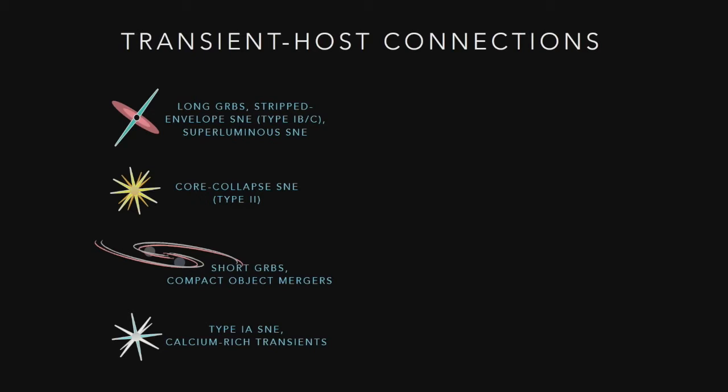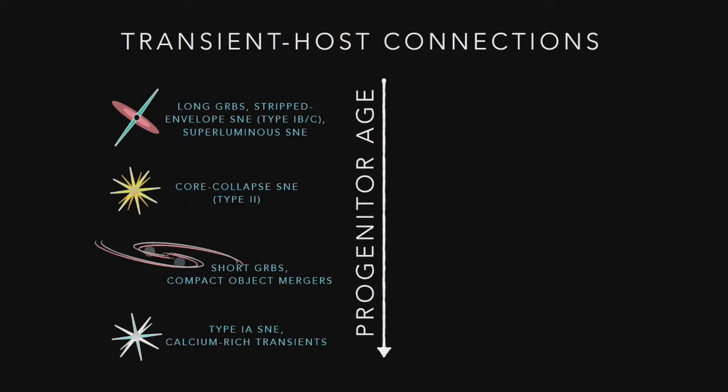And just to set the stage a little, this type of analysis, where we use the host galaxy properties to learn about the stellar populations within transients, and hence their progenitors, has quite a long history in the field of transients. So when we look at the landscape of various types of transients, one way we can think about them is in terms of the ages of their stellar progenitors.